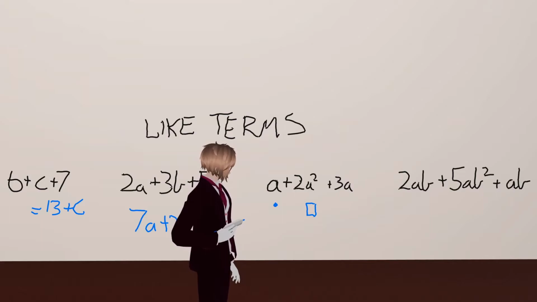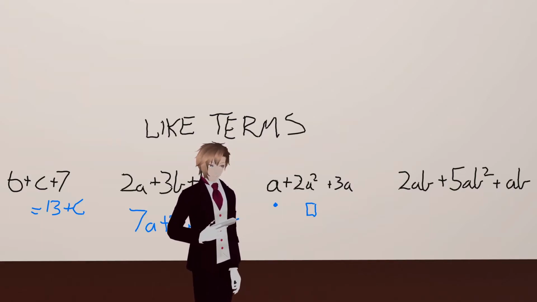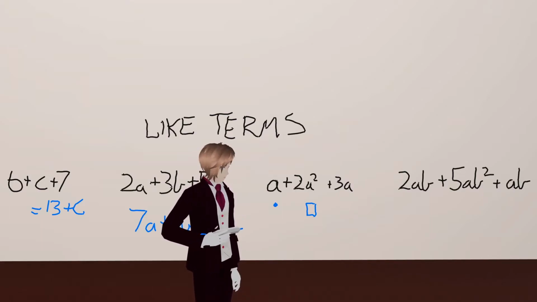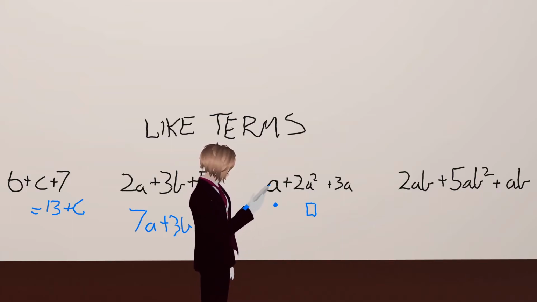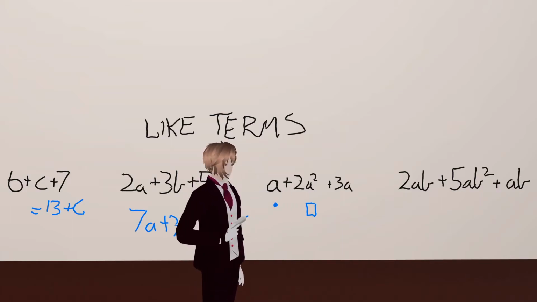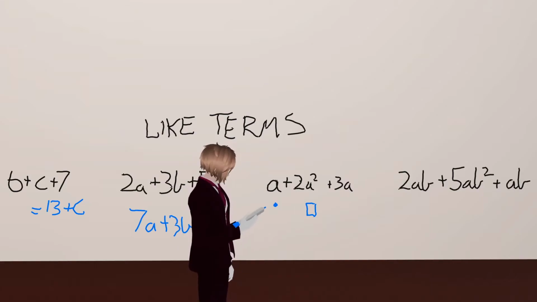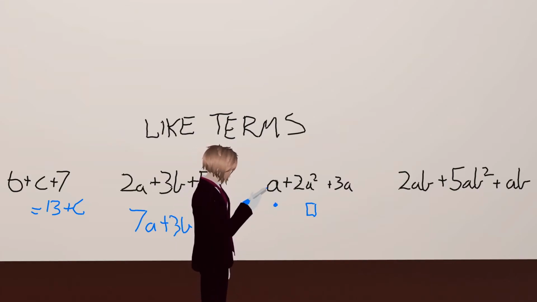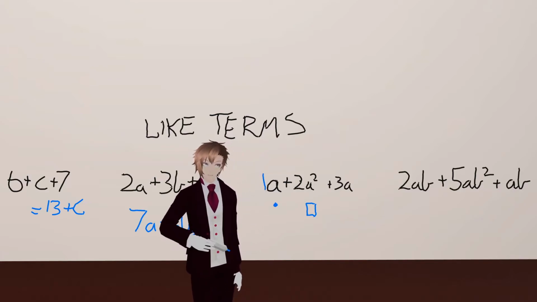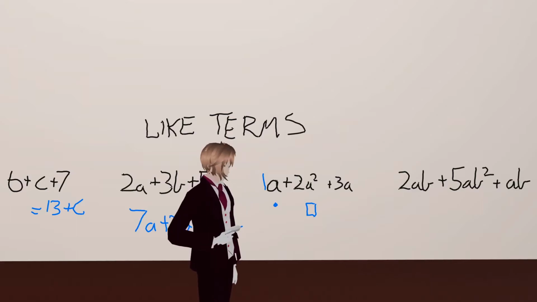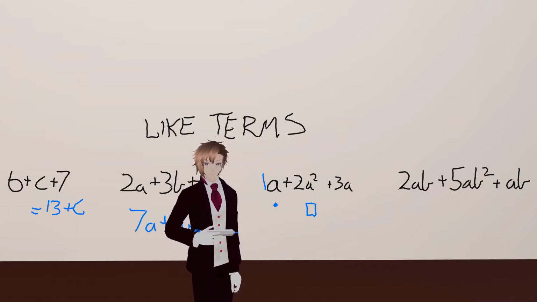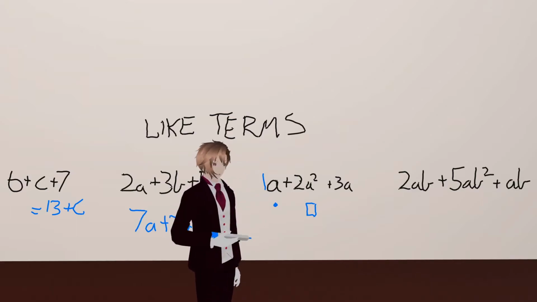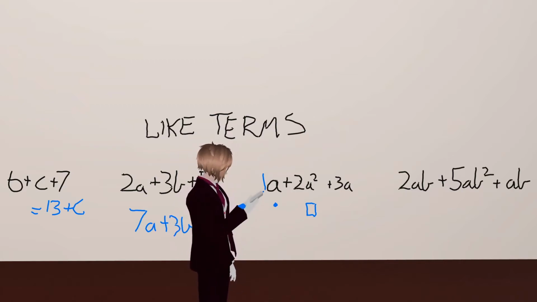So what have we got in this question? What's the same? What are the like terms? We have an a, we have an a squared, then we have a 3a. We're going to combine a and 3a together. Now here we have 1a. We don't have to write the 1. Normally we just save time by not writing it, but you can see that we have 1a here.